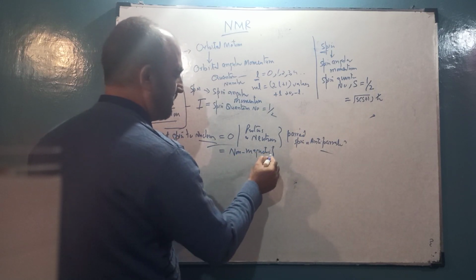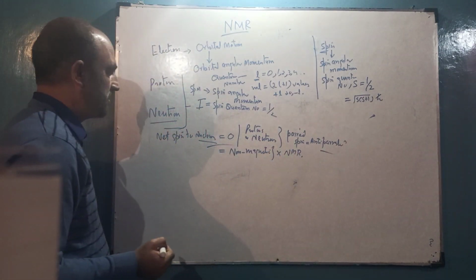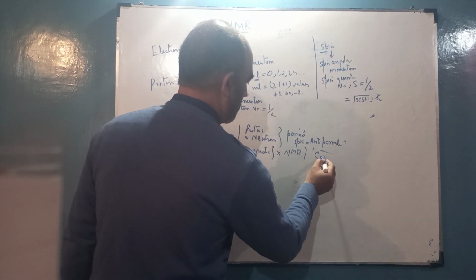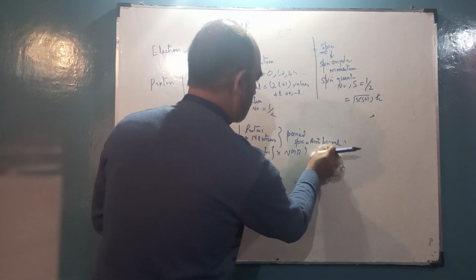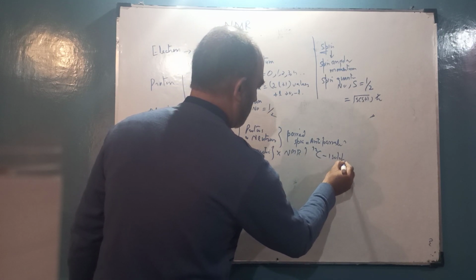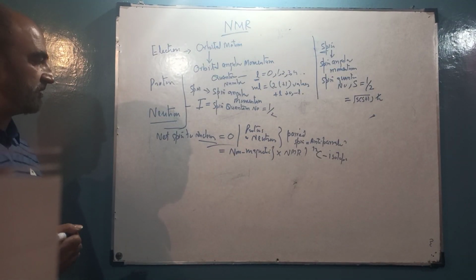They do not have net spin, so they are not relevant to NMR. But, for example, carbon 12 isotope: all neutrons and all protons have paired spin, so the I value is equal to 0.